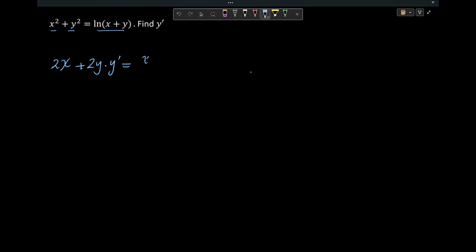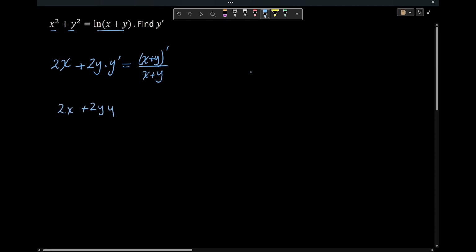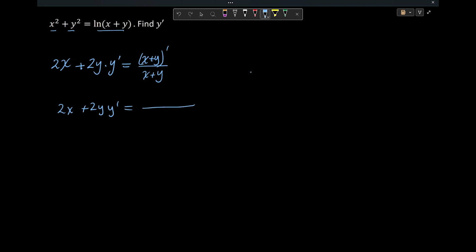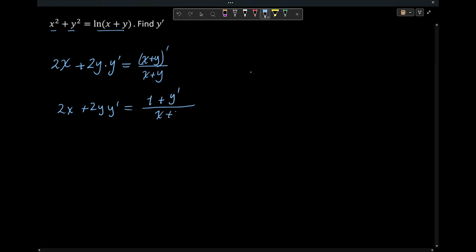So it is the derivative of the argument of the log over the argument itself. On the left, we have 2x plus 2y prime equals, what's the derivative of x plus y? It's the derivative of x, which is 1, plus the derivative of y, which is y prime, over x plus y.